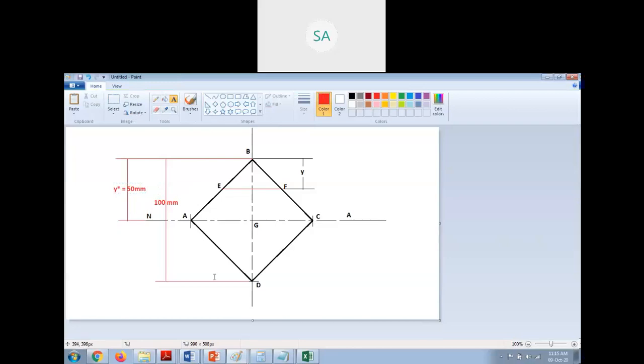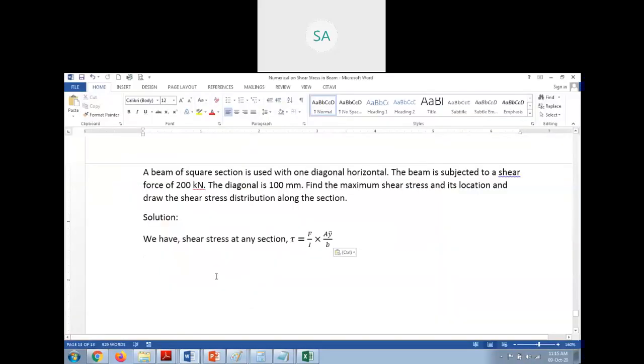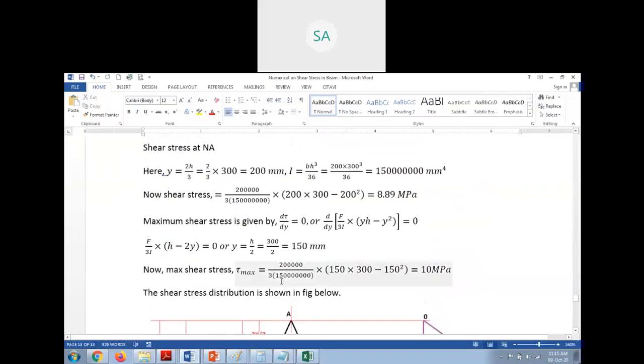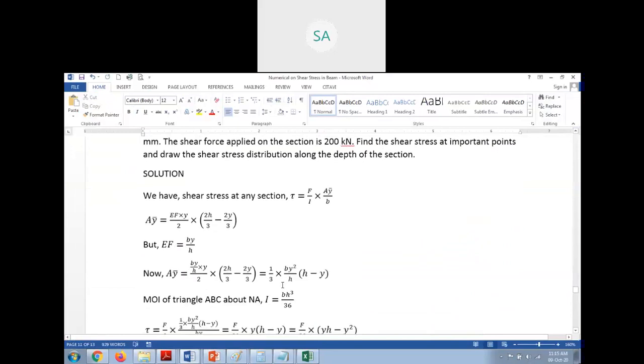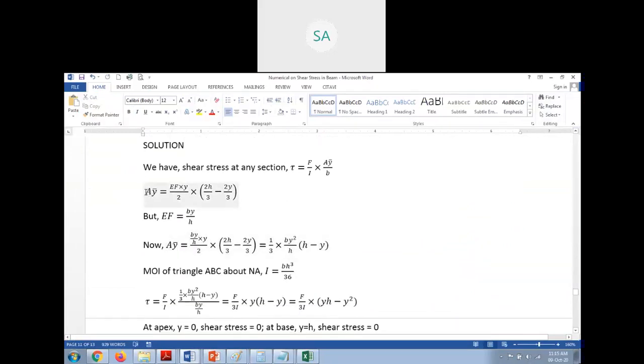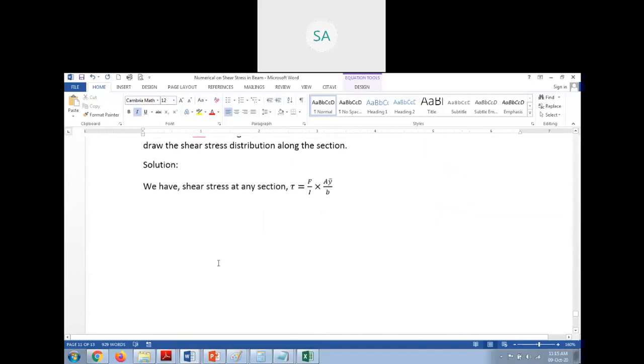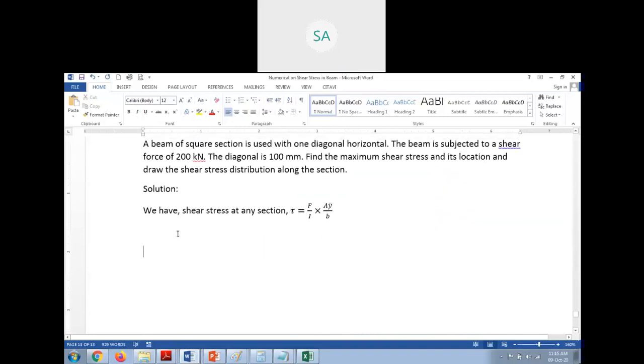Okay, now let us go back here. I have to first find A y bar at EF. It is similar to the numerical we did yesterday. I will just copy the same thing, or we will do it again in case anyone has missed it. So A y bar is the area moment.